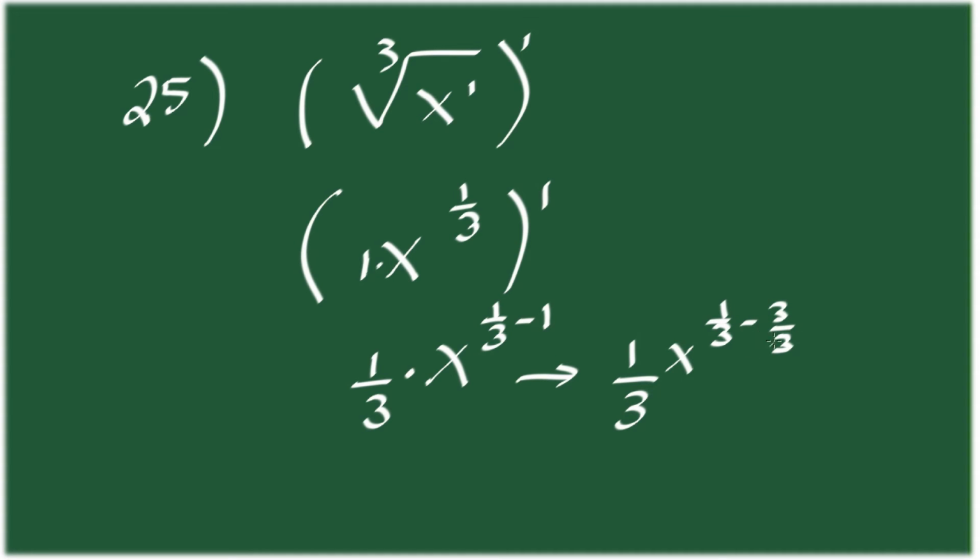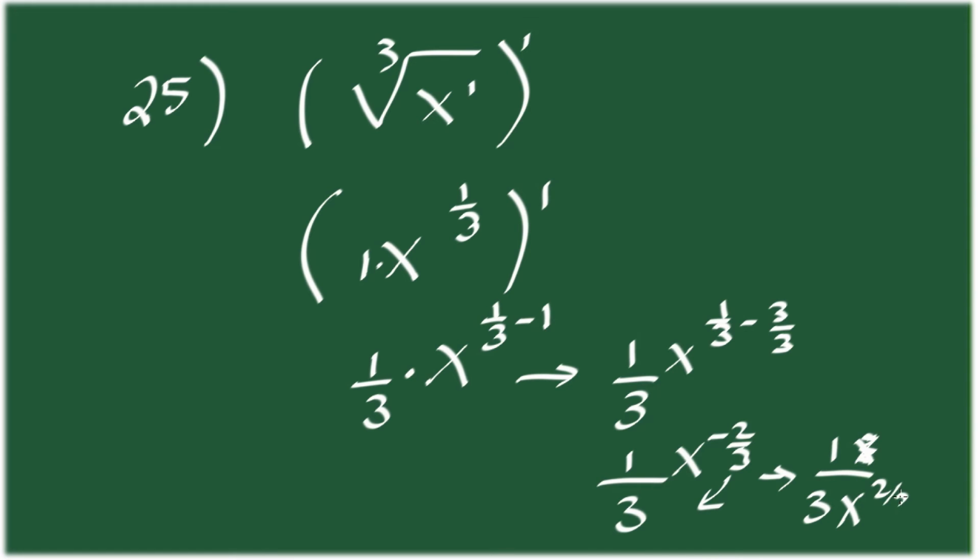I want to use this 3 as my fraction 3 over 3, which is 1. So that is 1/3 x to the negative 2/3, which is also 1/3. If I want to move this down, then it's 1 over 3x to the 2/3, and that's it, okay?